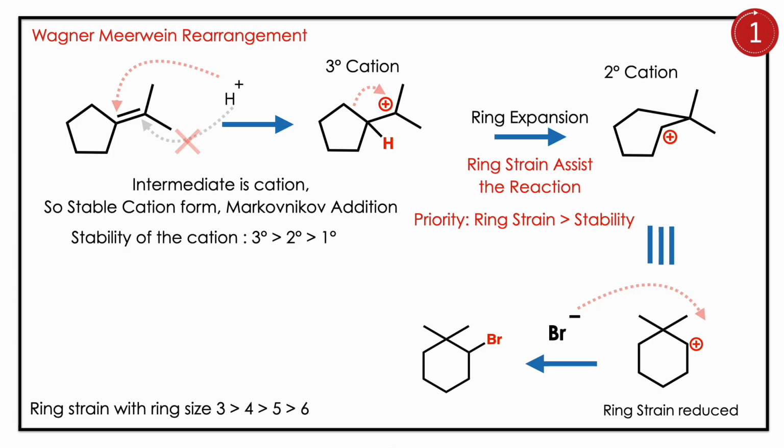Here you have a cation on a strained system because it's a 5-membered ring. So the ring opens, and you have a 5-membered ring to 6-membered ring. Strain is relieved, so the ring opens and the cation forms. Even though it is a secondary cation, our priority is ring strain reduction. If you redraw nicely, you have a 6-membered ring. Then bromine attacks, and you have the final product. The concept you have to learn here is that the priority of ring strain reduction is always higher than the stability of the cation.